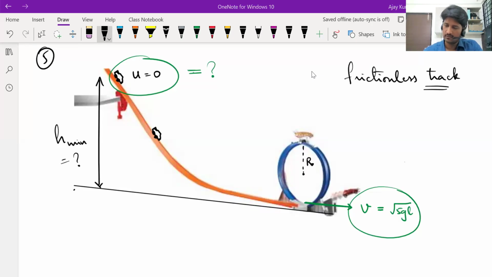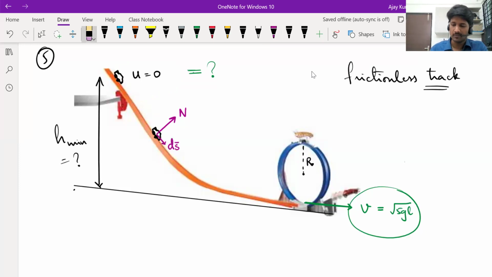Why? Sir, the angle between displacement and the normal is 90 degrees. Normal force acts perpendicular to the track at any position, and the displacement of the car is parallel to the track. Therefore, the dot product between them becomes 0. Normal force does not do any work. Then weight is the only force doing work, which is conservative in nature.